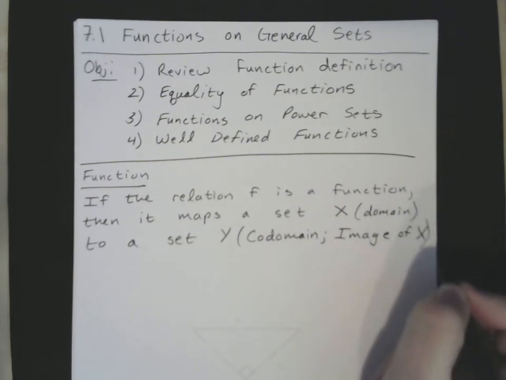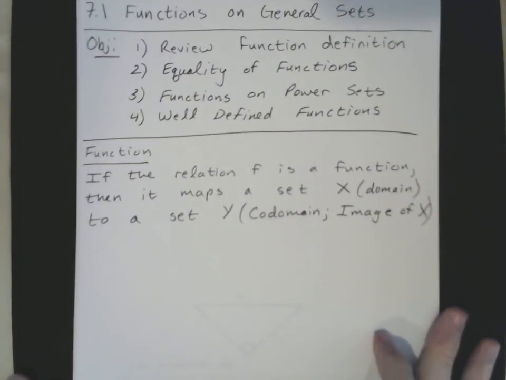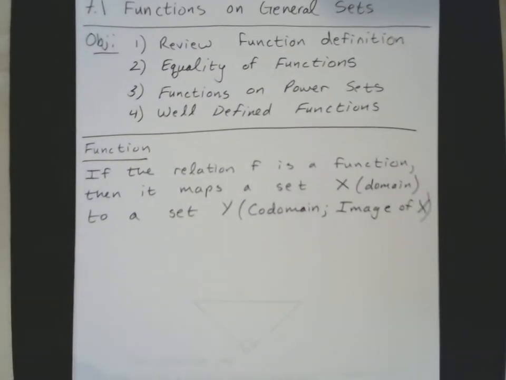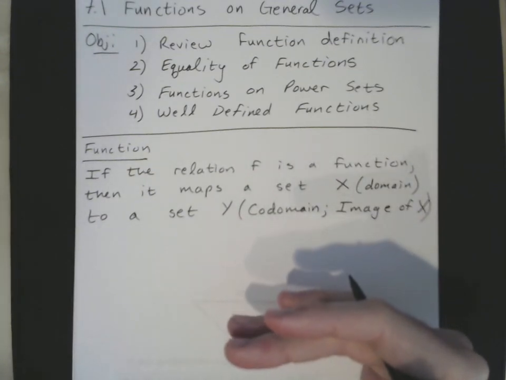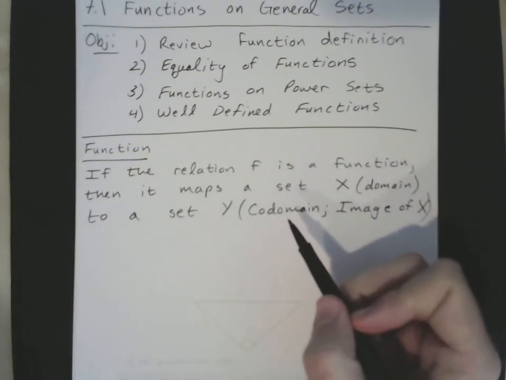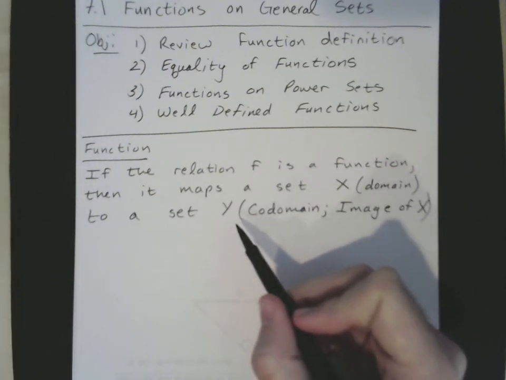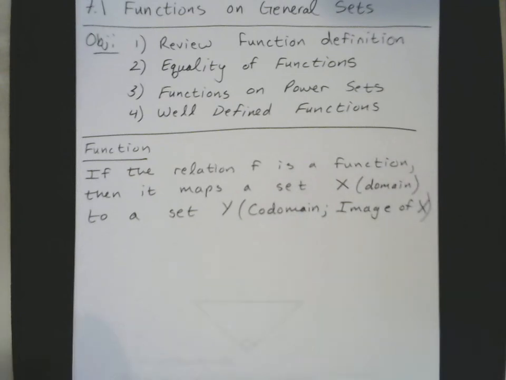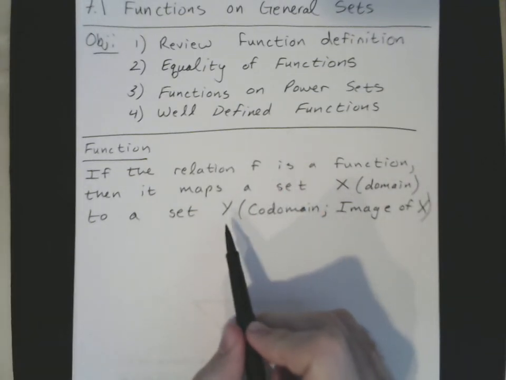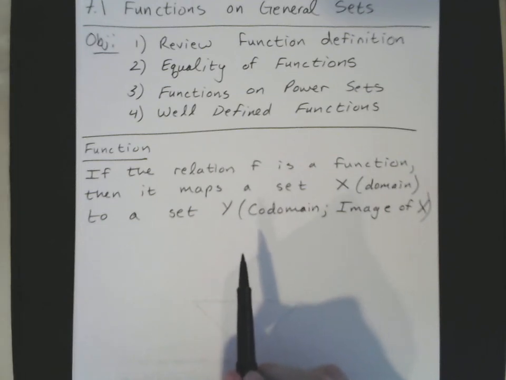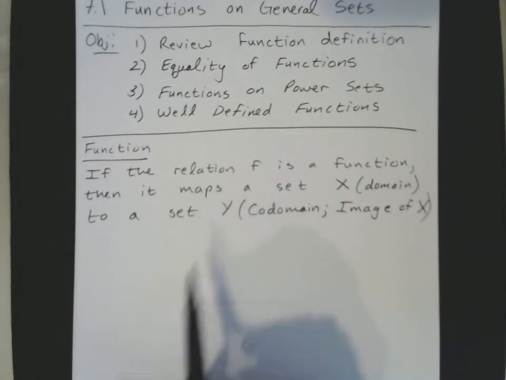of X. So when you usually learn functions, you talk about domain and range. And as you get higher into mathematics, you realize that range and what we've been calling the range are actually 2 different things. So codomain is what we know as range. It's the set of things that your function has values of. It's all of your function values, or the set that you get mapped into.